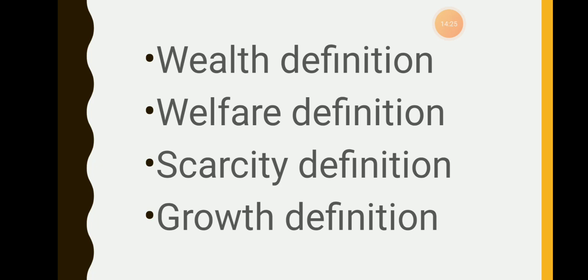And lastly, what did Paul A. Samuelson tell? Even if you have limited things, and alternative things to choose from, it is very important for you to think about the future. Only then will you lead a happy life on a successful path. So this is about the definitions of economics given by various economists.